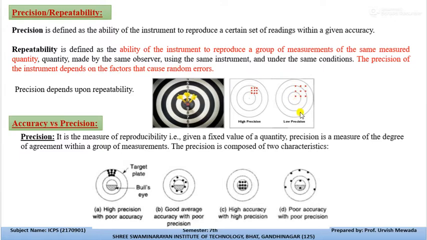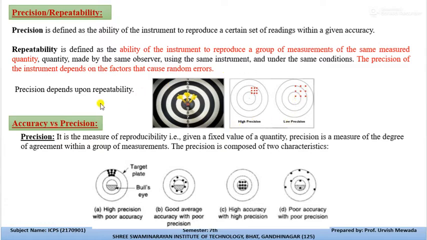Repeatability is defined as the repeated output of the instrument. It is the ability of the instrument to reproduce a group of measurements of the same measured quantity. The precision of the instrument depends on the factors that cause random error.